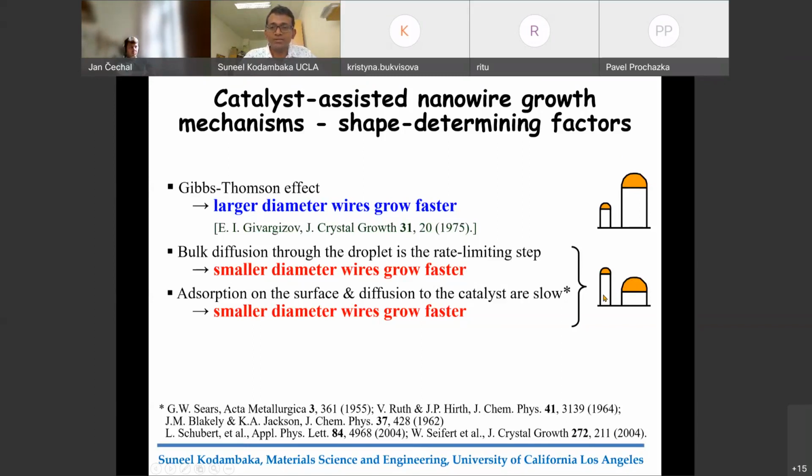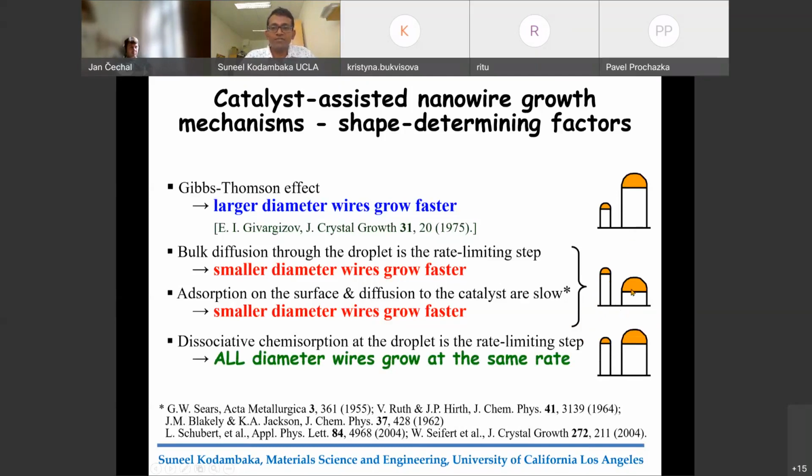And a similar observation can also happen if the diffusion of molecules or atoms that are deposited elsewhere come and get collected at the tip of these nanowires. So if surface diffusion plays a role, and that is typically the case for group 3-5 compound semiconductor nanowire growth, where the surface diffusion and collection at the tip influences the growth rates, there you would expect to see the smaller diameter wires grow faster.